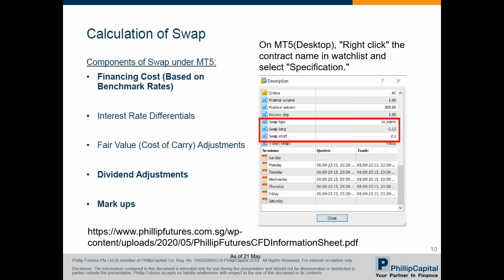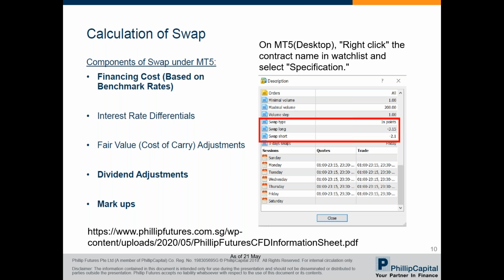Right. Next, let's move on to the calculation of swaps for CFDs. At the end of each trading day, open positions that are not closed in your account will be subject to a charge called the holding cost. The holding cost can be positive or negative, depending on the direction of position and the applicable holding rate. Sometimes the holding rate is negative for both the long and short directions.